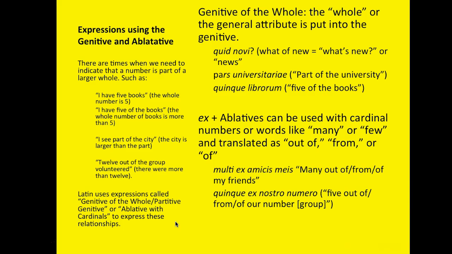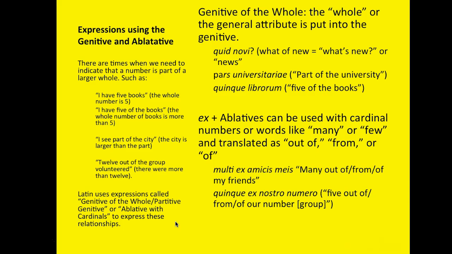Well, here in Latin, these expressions are handled either by a genitive, and it's called, in this case, a genitive of the whole, because the thing that's in the genitive represents the set out of which the number is a subset.